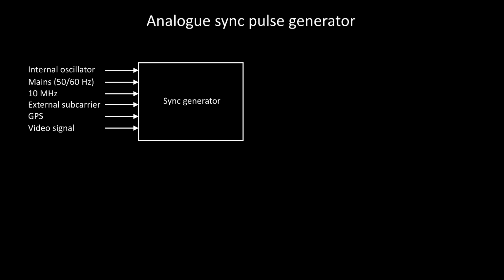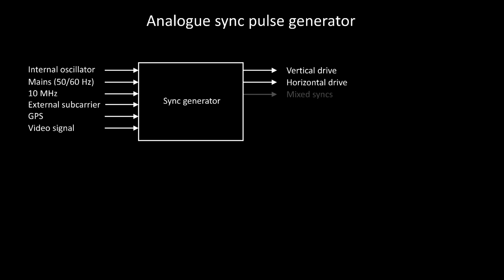Now, once an SPG has obtained a reference frequency, it must then generate a set of synchronization signals. We will look at all of these signals on the oscilloscope shortly, but first, let's just get a high-level view. To build up our understanding, we'll first start off with a monochrome system. The two signals that everybody will be most familiar with are the vertical and horizontal drive, pulses which occur at the start of each field and at the start of each line respectively, pulses which can be found on basically anything that has a screen.